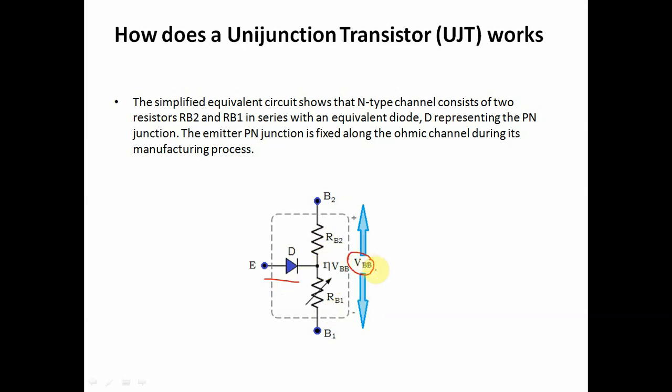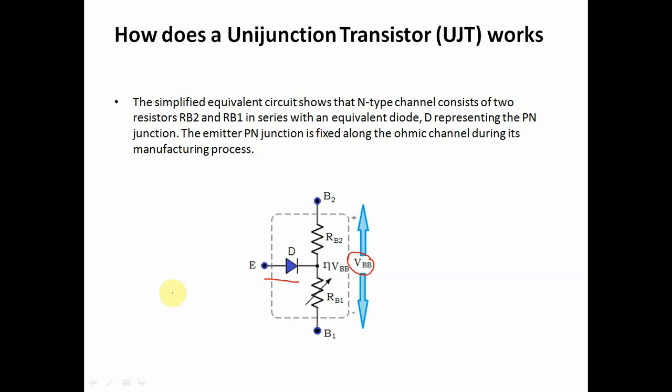VBB is the voltage in between the two base terminals B1 and B2, and this one is the emitter. The simplified equivalent circuit shows that the n-type channel consists of two resistors, RB1 and RB2, in series with an equivalent diode D representing the PN junction. The emitter PN junction is fixed along the ohmic channel during its manufacturing process.